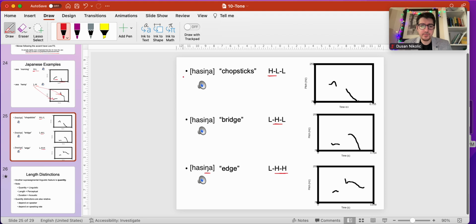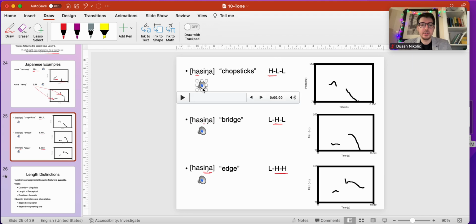So I would assume that, knowing how Japanese syllables work, this a would be carrier, this e would be carrier, and here e and a would be carriers probably.